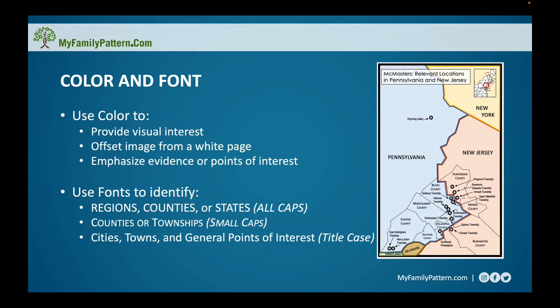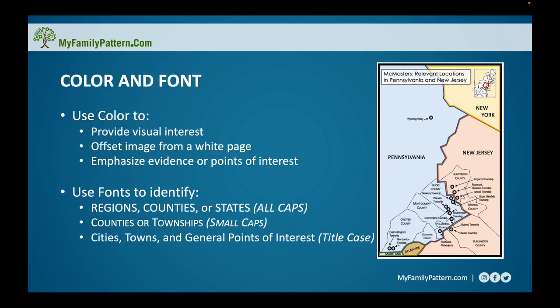And then for the regions or territories below that level, like at a state level, I might do counties in what do we call small caps, where the first letter is a proper capital and the other letters are in small capital letters. If you were doing a county as your overall, I would maybe do that identifier in all caps, and then maybe the townships in small caps.